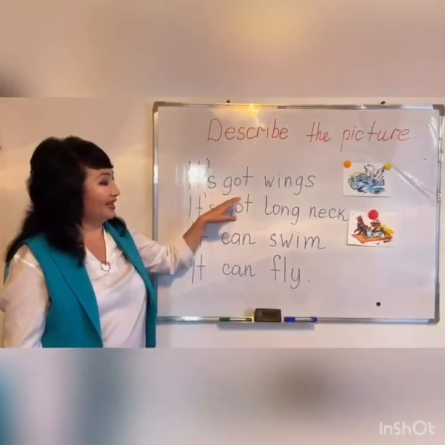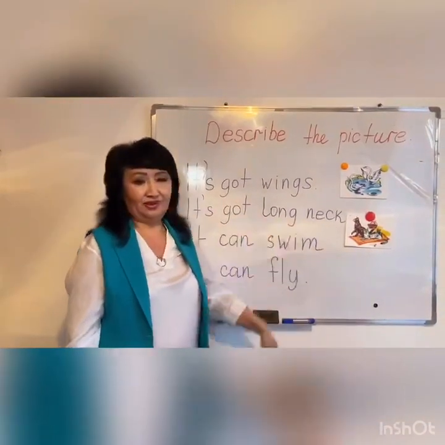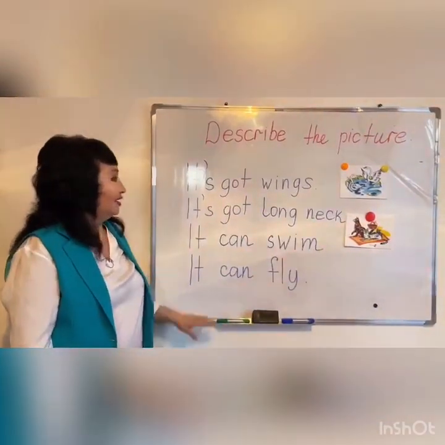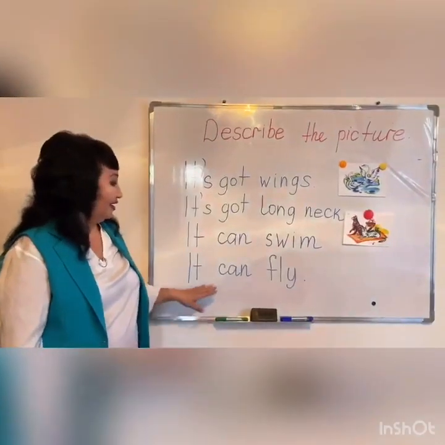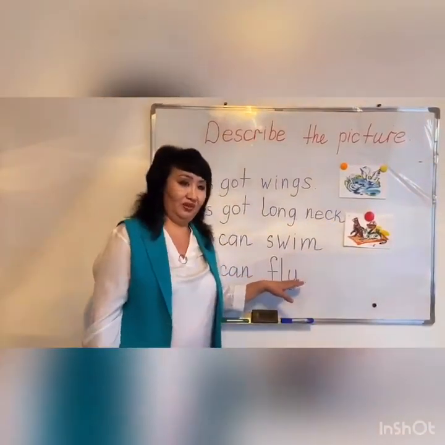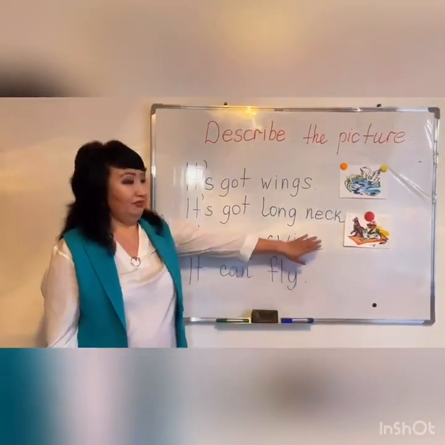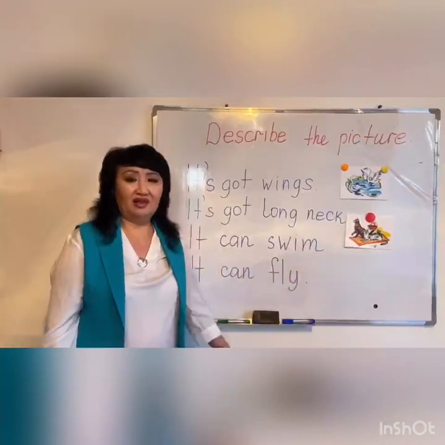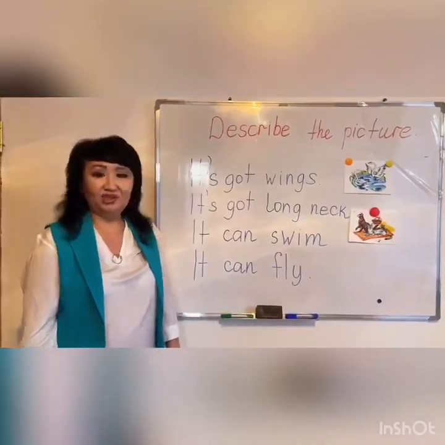No, it hasn't got wings. Has it got a long neck? No, it hasn't. Can it swim? No, it can't swim. Can it fly? No, it can't fly. What can it do? It can play games, it can catch mice, it can jump.